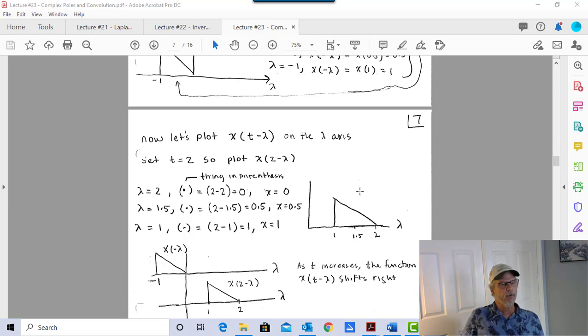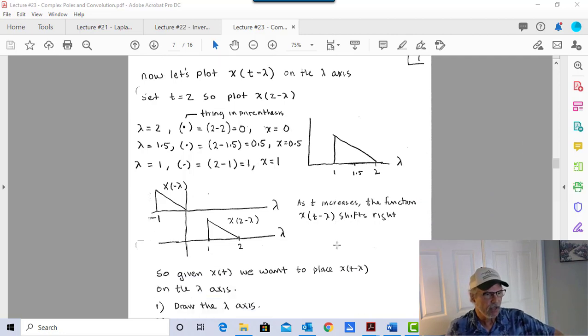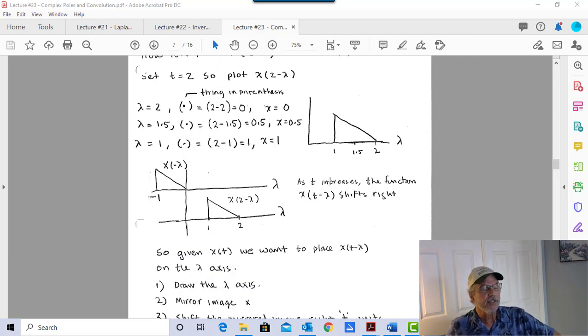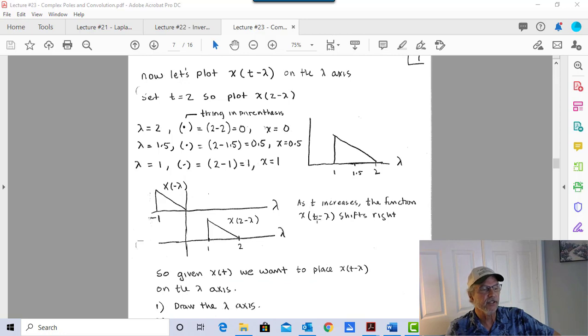So what are we seeing here? Well, we know that our reversal, saying we're going to plot x of negative lambda, that reflected us. But now t is an offset, and that shifted us. So as t increases, the function x of t minus lambda shifts right.